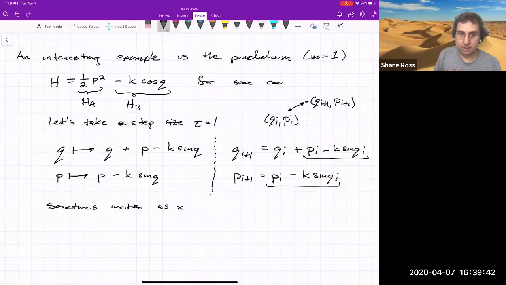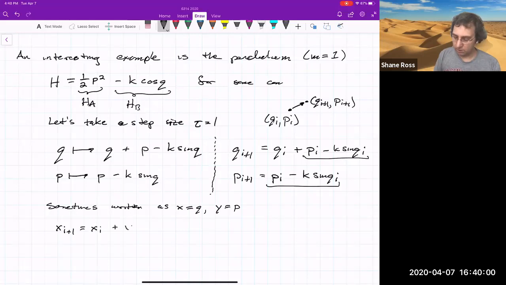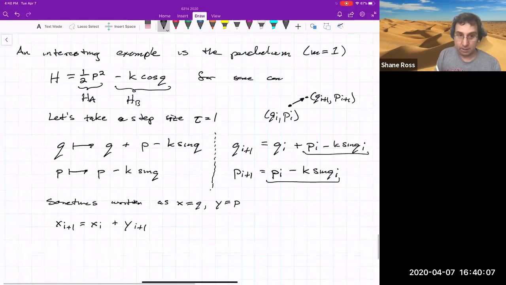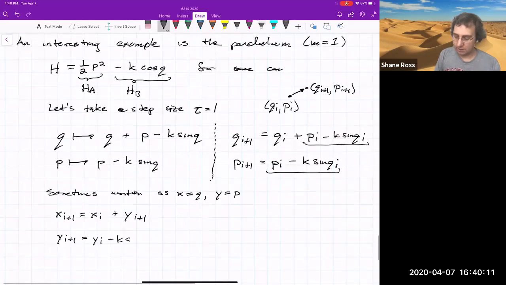Sometimes written as x equals q, y equals p, x_{i+1} equals x_i plus y_{i+1}, and y_{i+1} equals y_i minus k sine x_i.